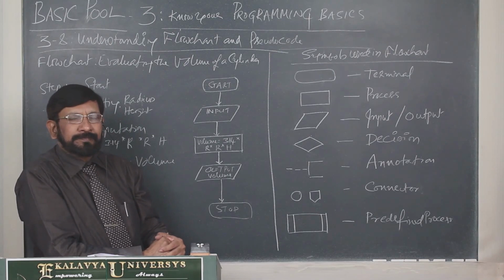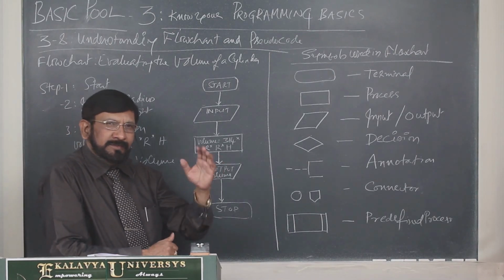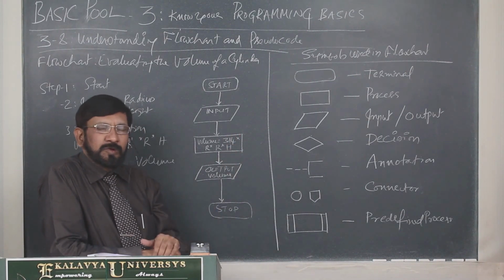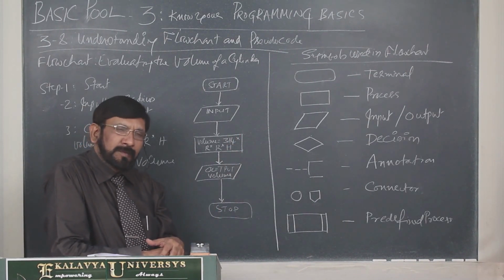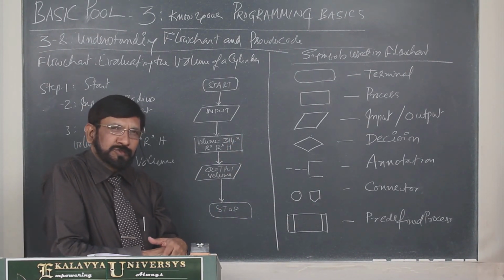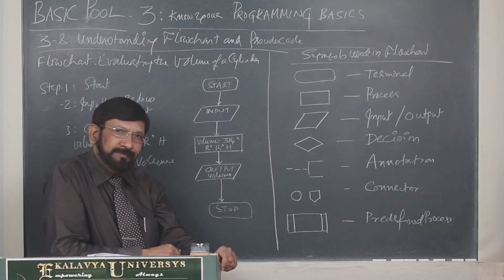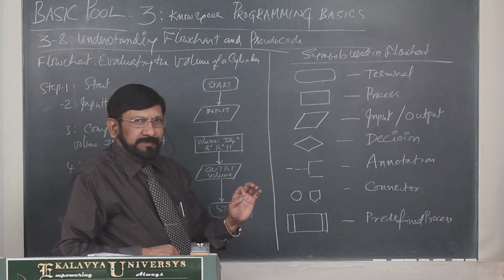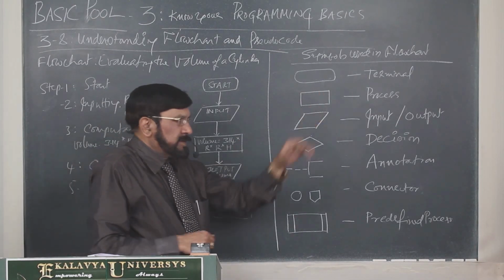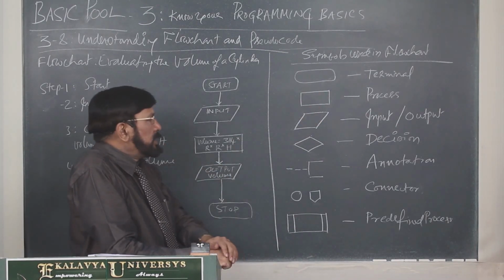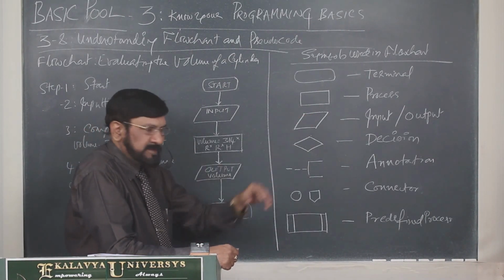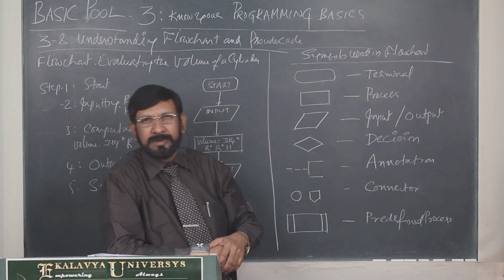Once you write a nice flowchart, then it is very easy to understand the logical plan, the logical approach of the implementation of the program. So, first I introduce what the symbols and their corresponding meanings are, and I'll give you an example also by applying some of these symbols.